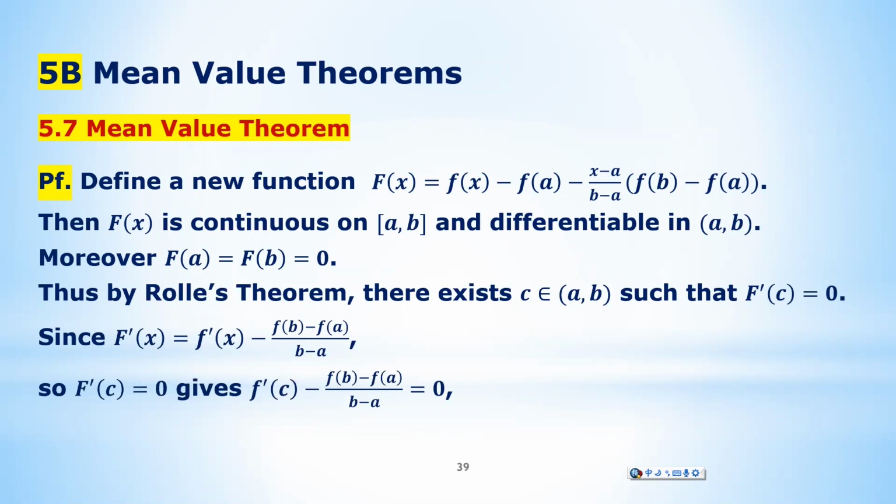So since capital F prime of c equals 0, this gives you little f prime of c minus this ratio equals 0. Moving everything to both sides, you multiply by b minus a, and you get the result in this theorem. So that's how this theorem is proved.